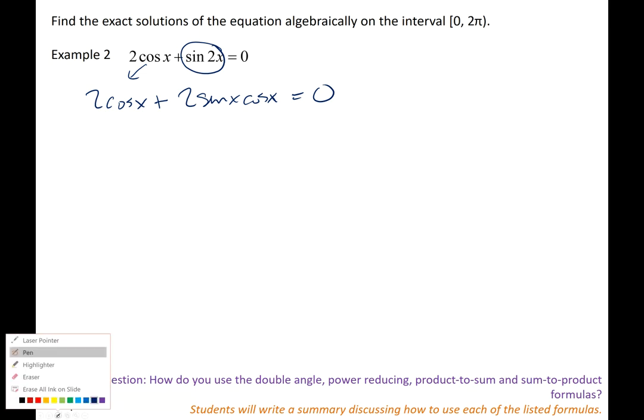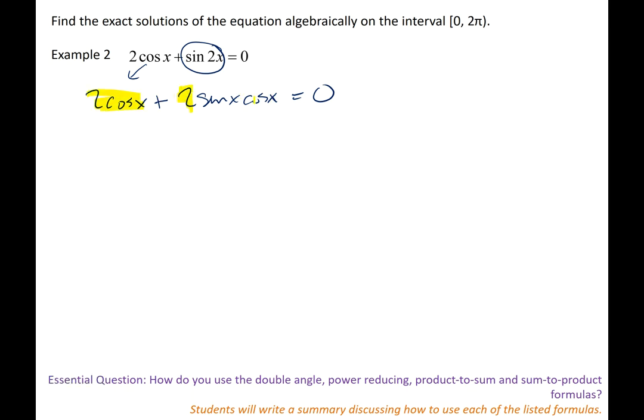Then do you notice in here that there is a greatest common factor? 2 cosine, isn't it? So couldn't I pull all of that out? So I'm going to take out the 2 cosine x. What's left behind in the first spot? No, what's left behind here? A 1.